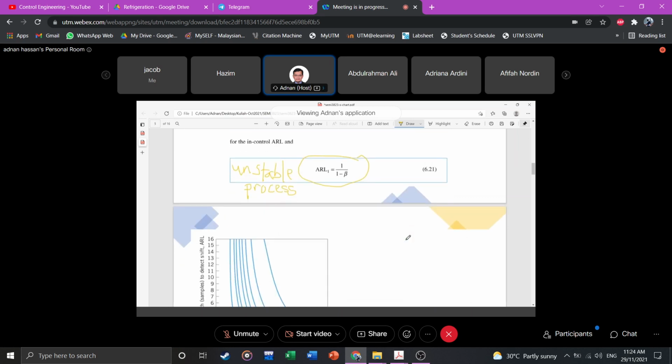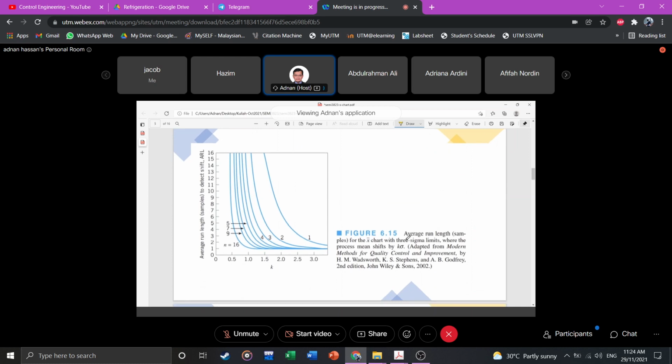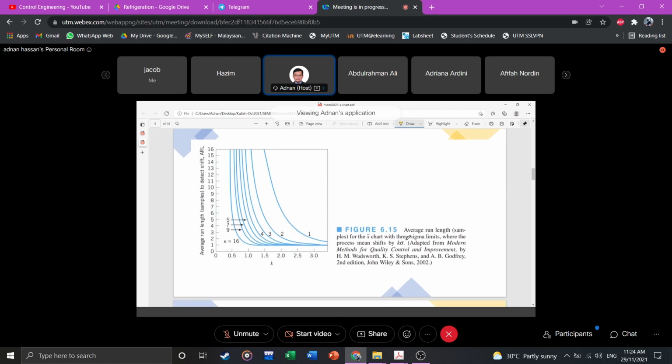Studies have been done using simulation. This is the shift, the shift in the control chart. In the control chart, you have a shift. This is a 3 sigma shift at this point. This is a minus 3 sigma shift.